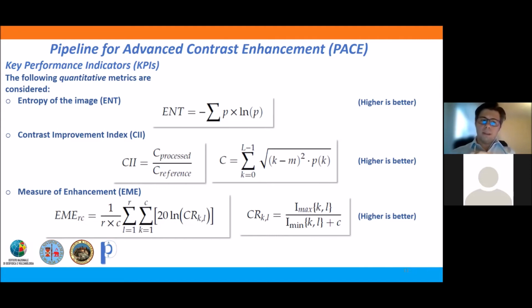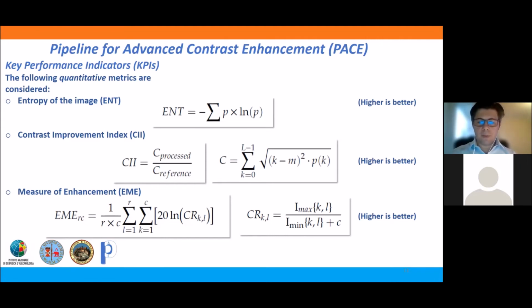A contrast improvement index is another metric that is considered, and we have the formula visualized in the slide. This metric is meant to compare the output against a reference image and provides an idea about how much improvement is calculated by comparing input and output.